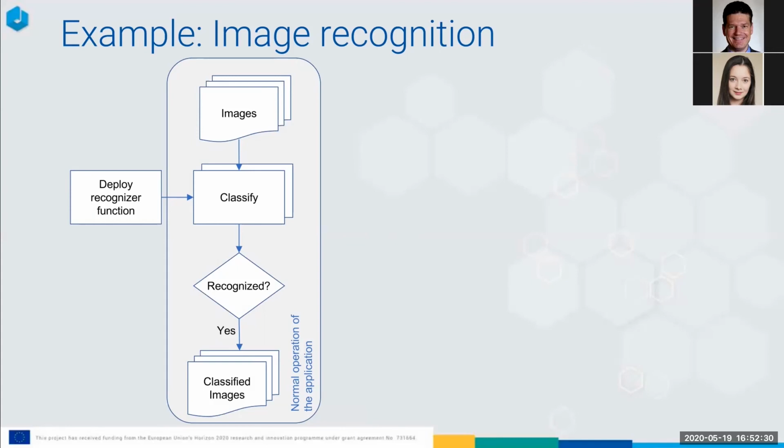Now, if you have an image which is not recognized, then you will need retraining of the classifier. So in this case, you will deploy, for instance, a big data framework like Spark, and you will give Spark one worker to work on retraining the classifier.